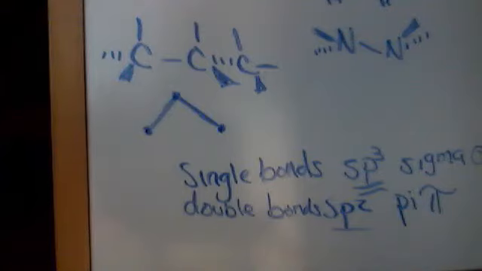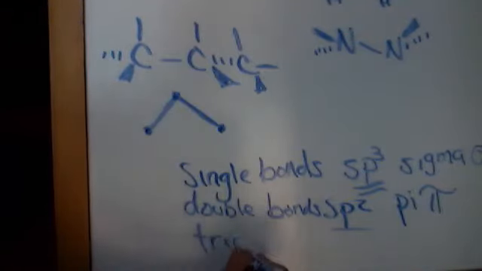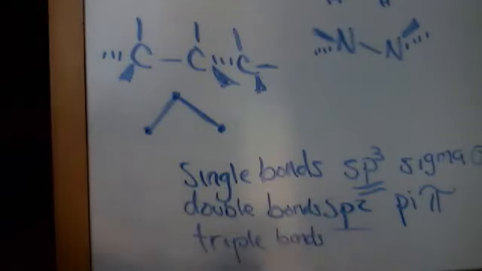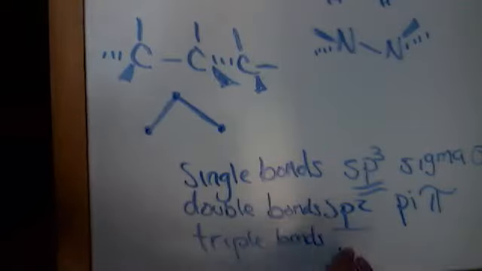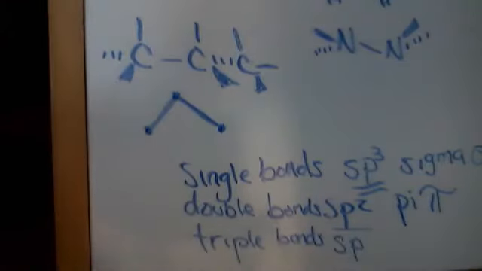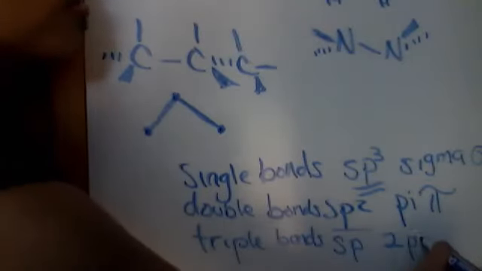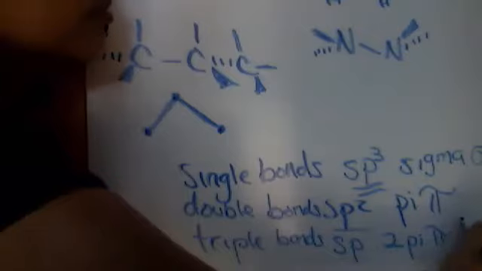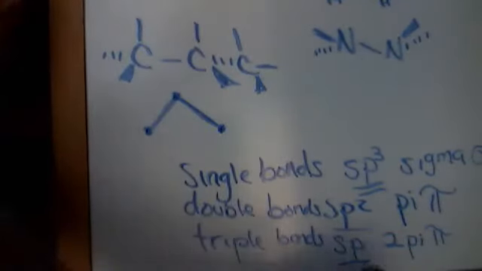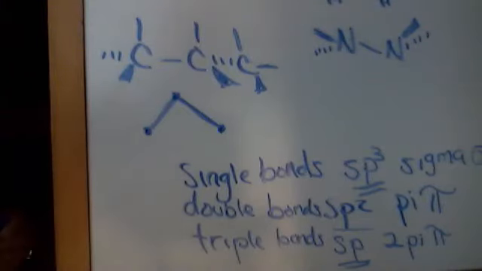Triple bonds come from mixing one s orbital with one p orbital. And that means that I'm going to have two extra pi bonds. And that's because we want the energy distributed in the most efficient way possible.